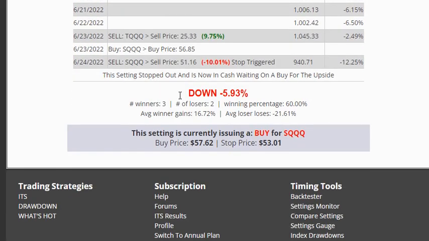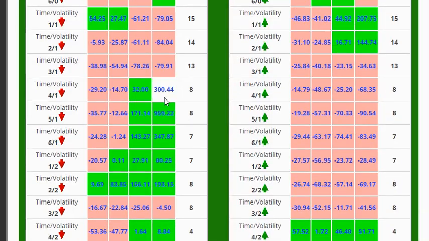I don't know. Could be this one is due back, but as you see, it's stopped out, and who knows when it's going to start again. And by then, the previous setting is no longer minus 50, you see, and so therefore this one won't qualify. So, yeah, nothing there.